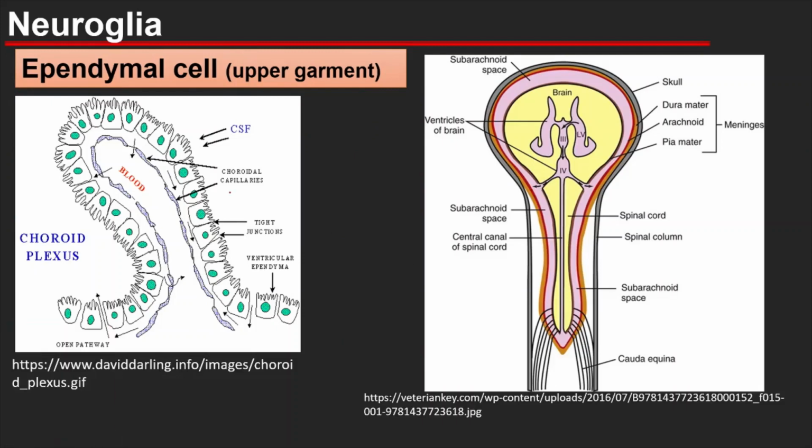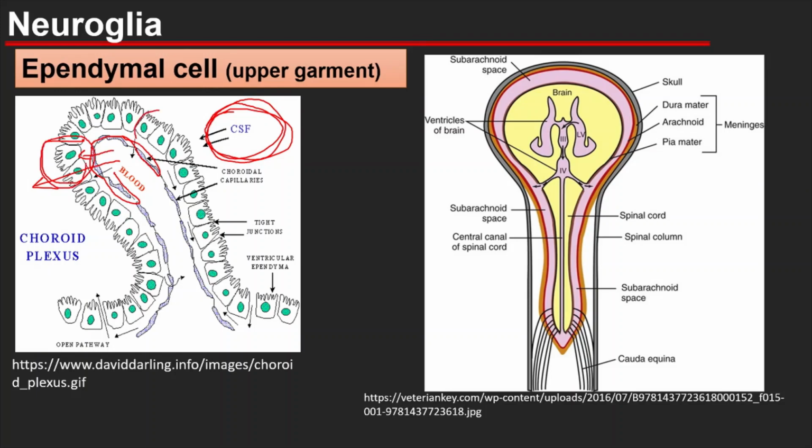The very important barrier, where the ependymal cells are responsible for the formation of CSF, we can find in the choroid plexus. These blood capillaries in the choroid plexus are fenestrated, so the fluid can pass through the endothelial cell. As the fluid passes from the capillary, it has to face the ependymal cell. These are the ependymal cell lining.